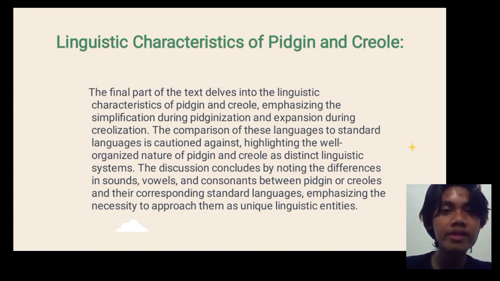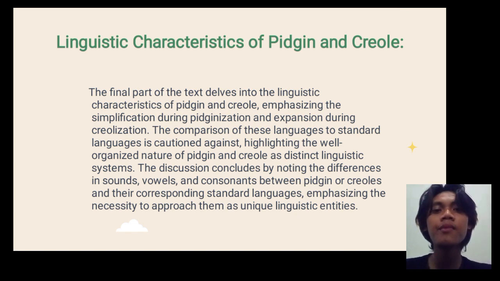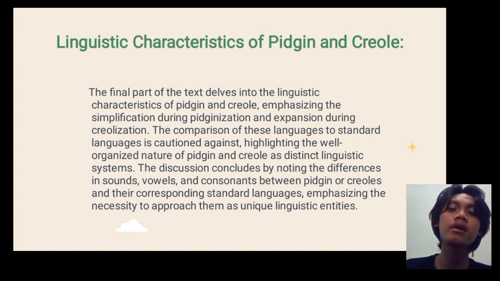The comparison of these languages to standard language is cautioned against, highlighting the well-organized nature of pidgins and creoles as distinct linguistic systems. The discussion concludes by noting the difference in sounds, vowels, and consonants between pidgins or creoles and their corresponding standard language, emphasizing the necessity to approach them as unique linguistic entities.